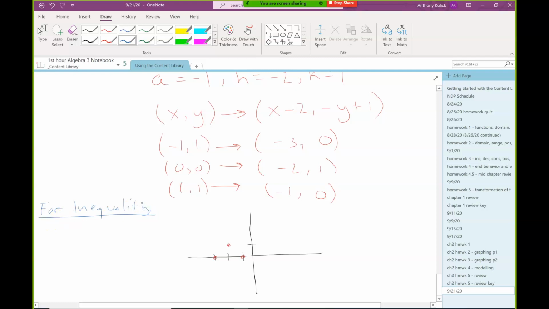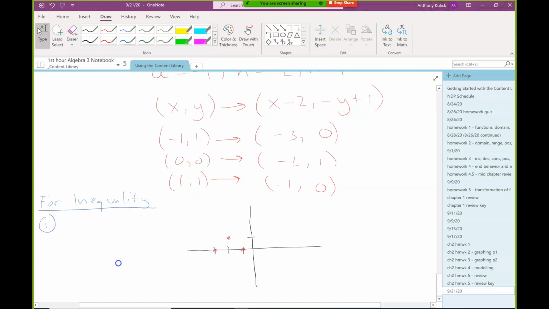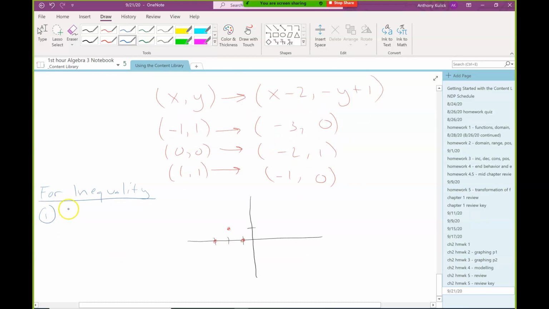So here are the 2 differences when we're graphing an inequality rather than an equation. The first thing is that for a less than or a greater than, we're going to draw a dashed line instead of a solid line.